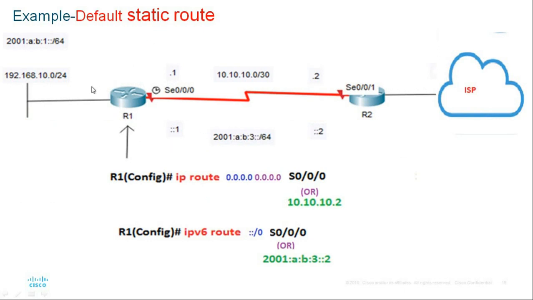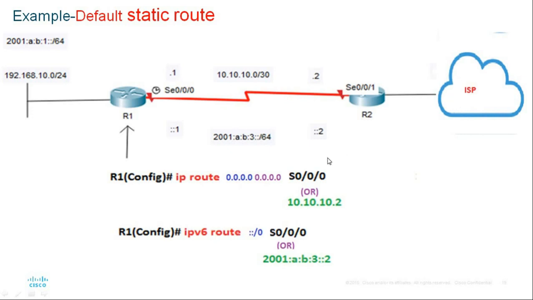Same diagram here. R1 is connecting with this network and this network. From R1, I want to reach the ISP, but I don't know what the remote network is here. In that situation, I don't know the remote network, I don't know the remote subnet mask. In that situation, I can write IP route, the remote network is 0.0.0.0, the subnet mask is 0.0.0.0, like this one.